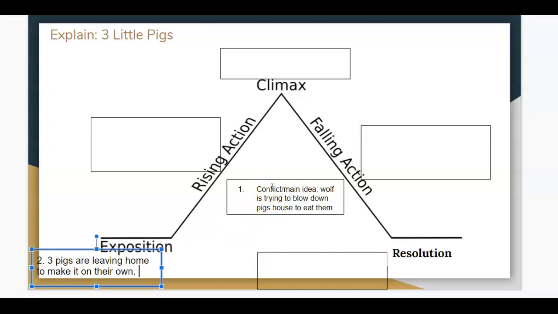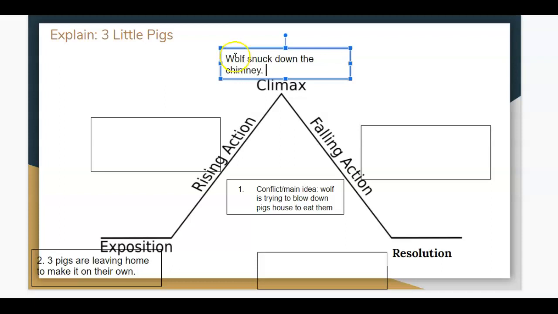Okay, so now I've got to stop and think. I know the conflict is the wolf trying to blow down the pigs' house to eat them. So I'm going to go up here and think about the climax. The climax is when the conflict reaches its peak, when the main characters face their problem. So when I think about the 3 Little Pigs, I know the problem was faced when the wolf snuck down the chimney.